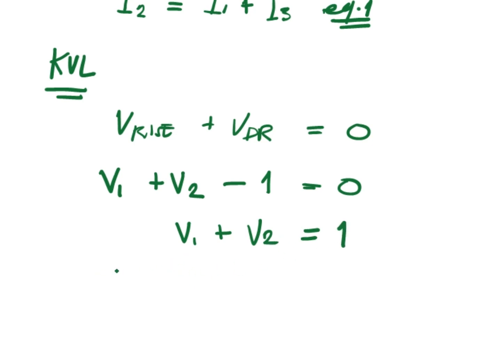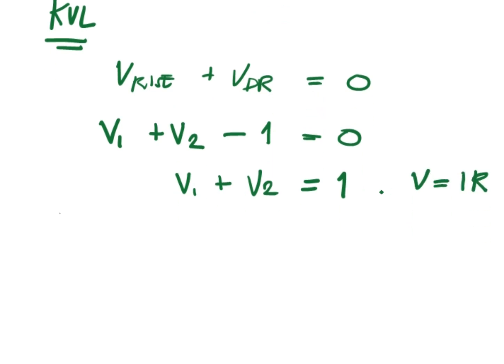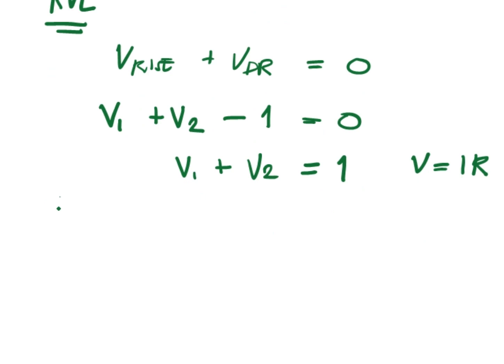Now from Ohm's law, we know that voltage is equal to IR. So we can rewrite this equation as I1 R1 plus I2 R2 is equal to 1.